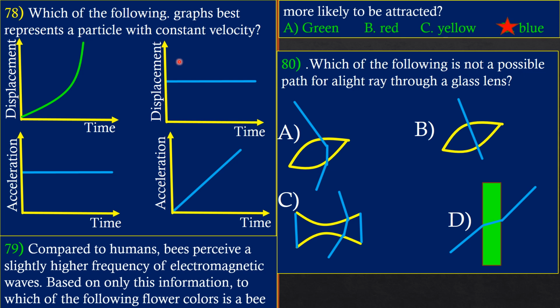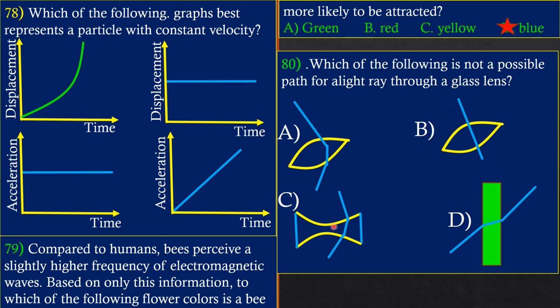Question 80 is saying: which of the following is not a possible path of a light ray through a glass lens? Let's look at the first option. The light moves like this, bends like this. It is a possible way. Option B, when the light ray moves straight through the lens, it goes without bending. Perfect.